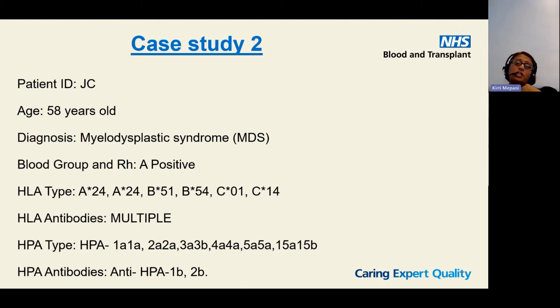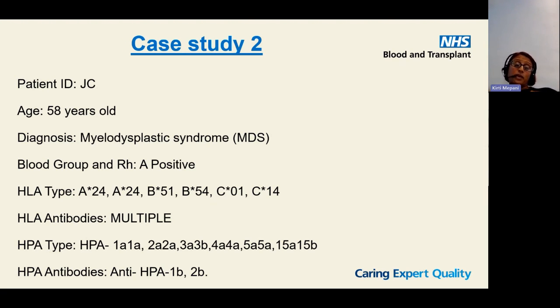But the added complication here really is the multiple HLA antibodies this patient has, and these unfortunately are the kind of patients that we really do dread, because those patients who have multiple HLA antibodies, where they do not have a large window of platelets that we can give to them, it just makes it really difficult for provision.